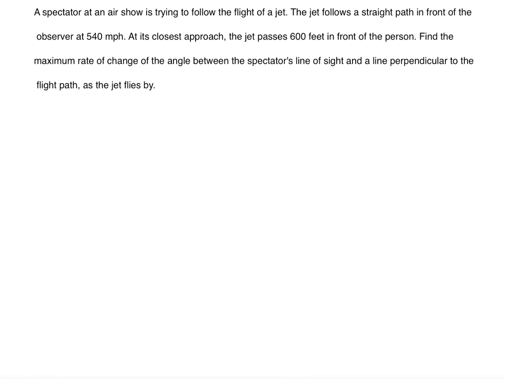Okay. So first we're going to draw a picture, and I'm going to draw the plane's path from left to right. The plane's flying, and I'm going to label its point at any time here. It's a variable point, obviously, but I'm just going to label it P, the plane's location at a certain time. And I'm going to label the observer at ground level.